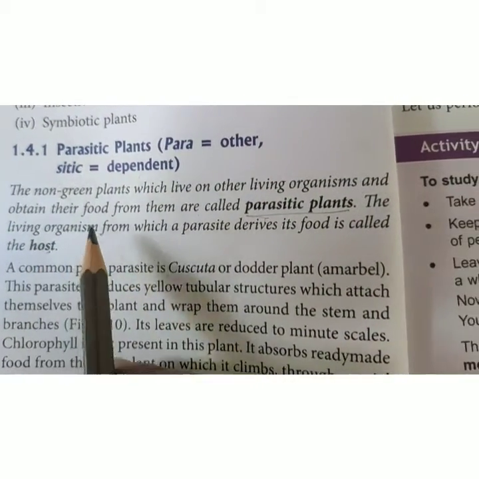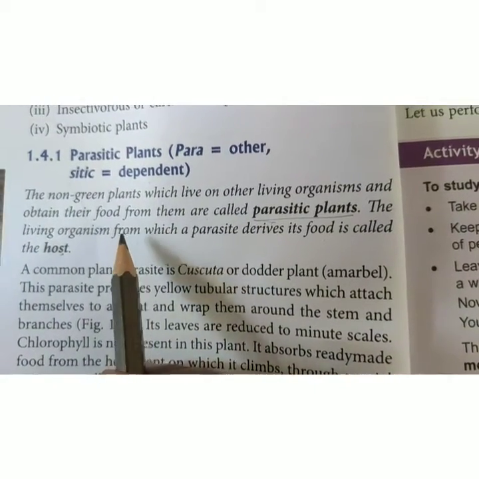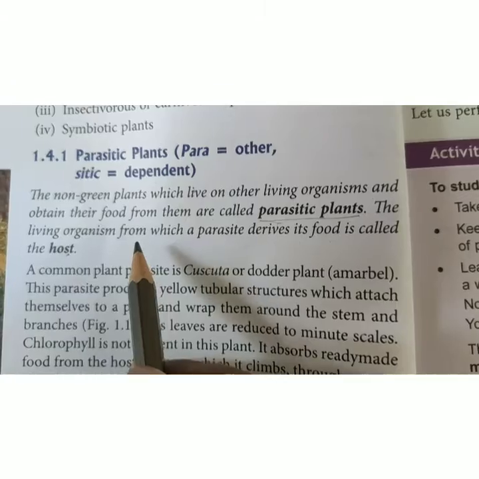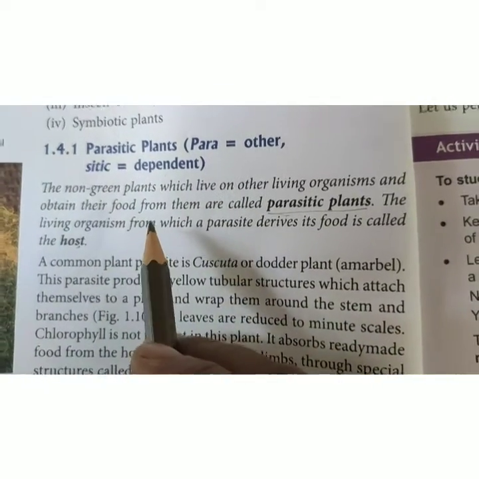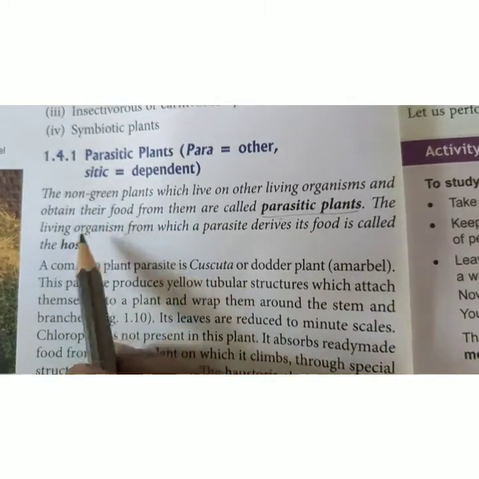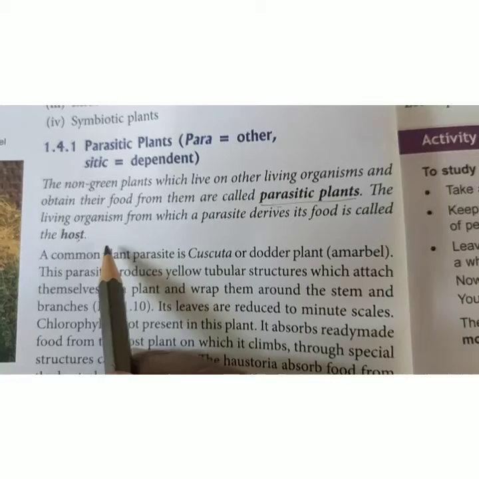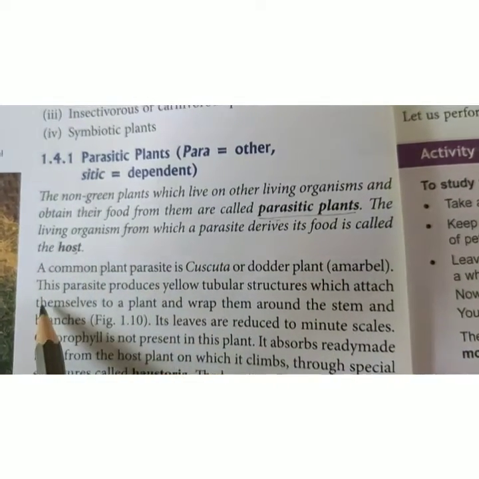Till now we knew that there are some insects that live on other animals and derive their food, but there are some plants also which live on other organisms and derive their food from them, and are known as parasitic plants.